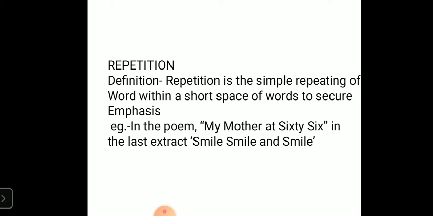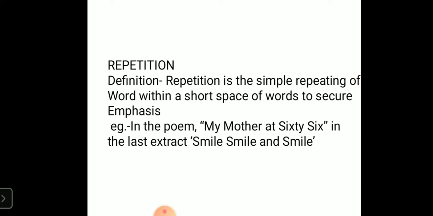Okay, so for example, in the poem in 12th grade, My Mother at 66, in the last extract there was smile, smile, and smile. And yes, of course, in your poem A Photograph, we have at the end silence, silences. So the whole word is repeated.